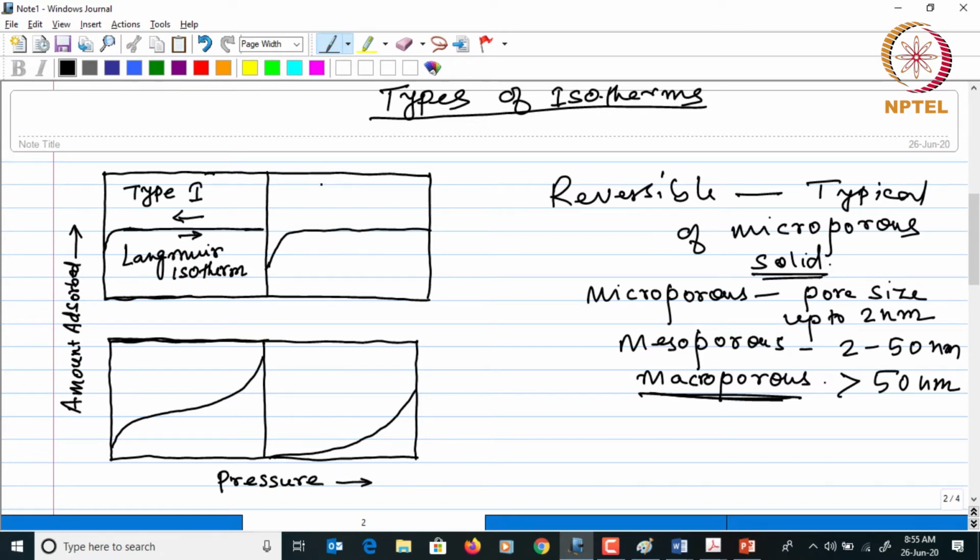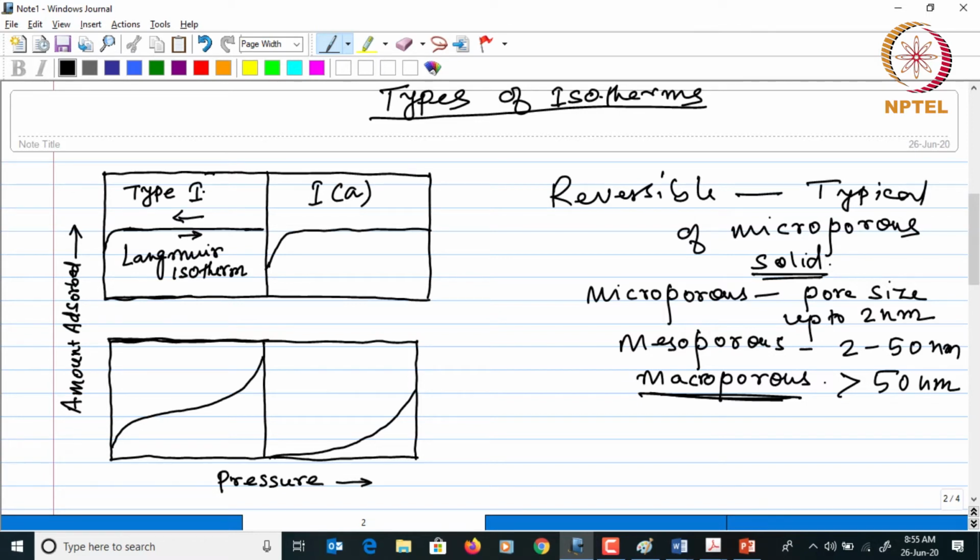Now here you can see one more type over here in the isotherms. This is type 1A, which is opted for materials with wider micropores and narrow mesopores. Okay.